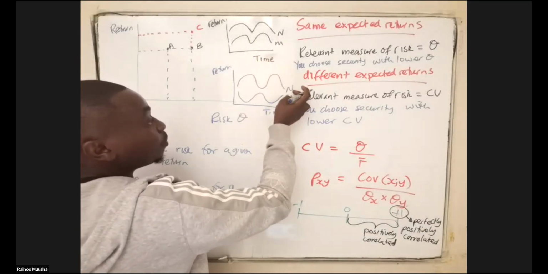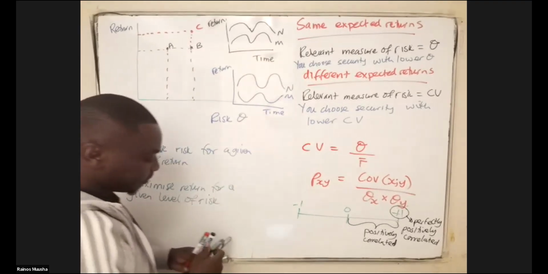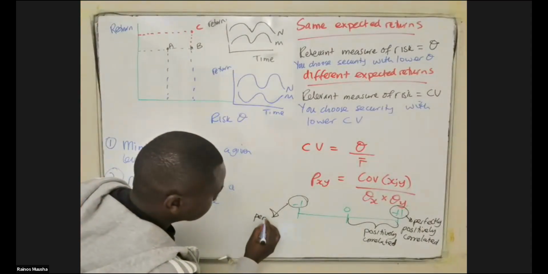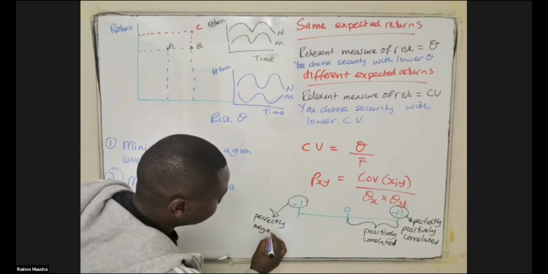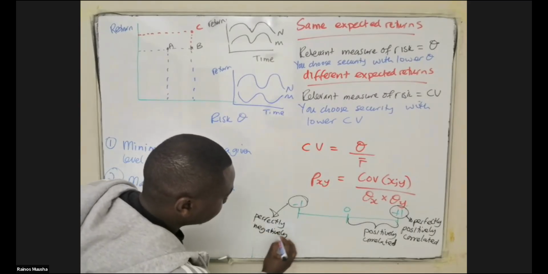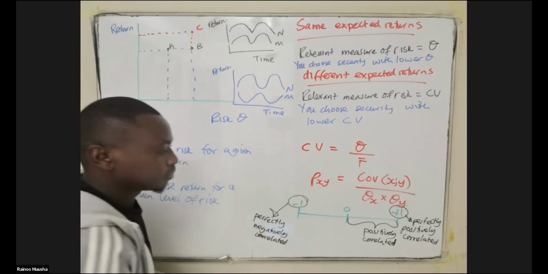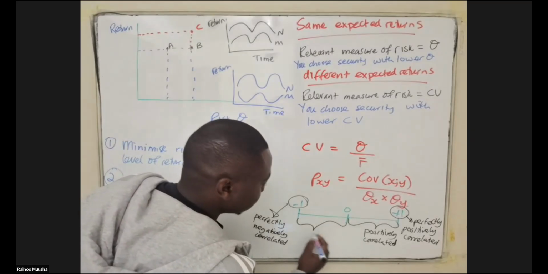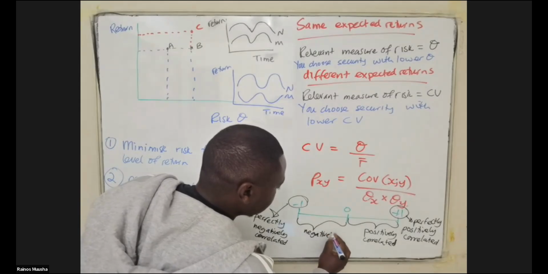So they're basically moving in opposite directions. This is where we say they are perfectly negatively correlated. And if it's somewhere between -1 and 0, we just say they are generally negatively correlated.